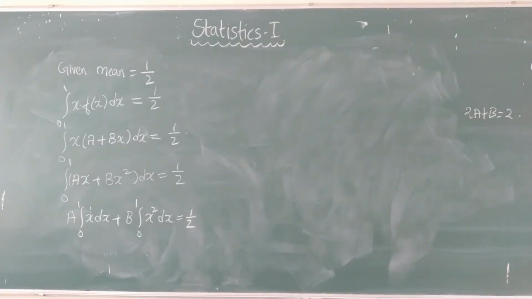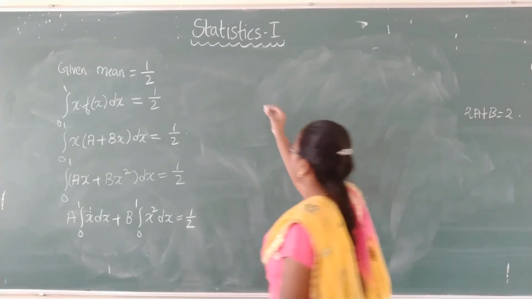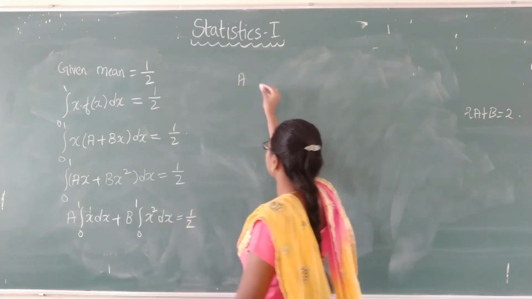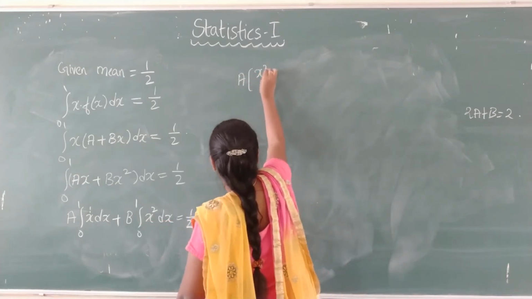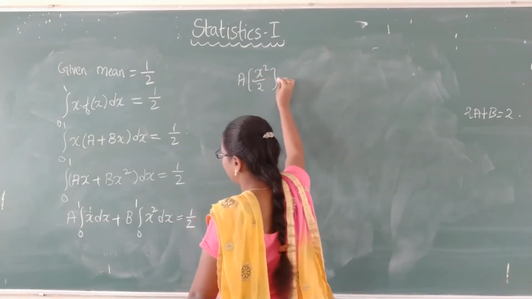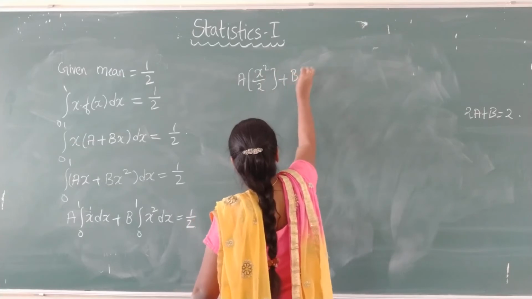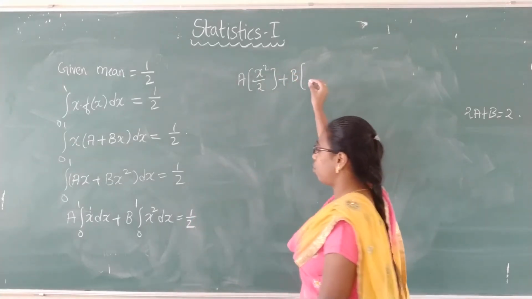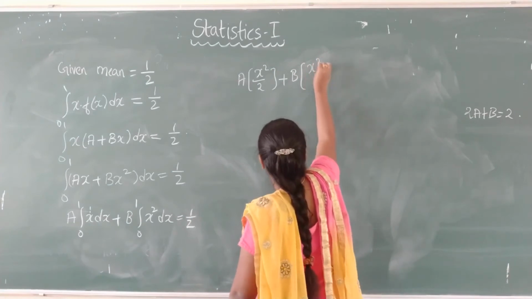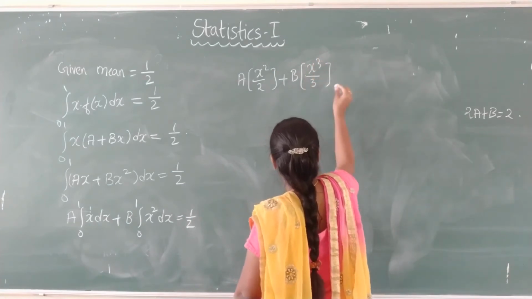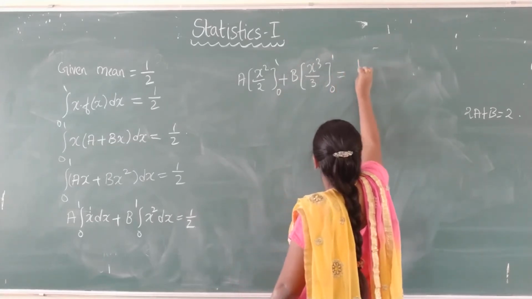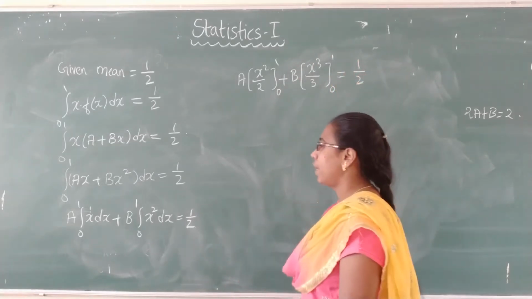Now simplify it. a into, what is the integration of x? It is x square by 2, plus b into the integration of x square, which is x cube by 3, within the limits 0 to 1, which equals 1 by 2.